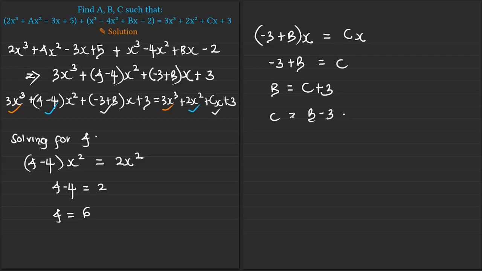Hence, if b is 1, then c is simply 4. Do you get it? So they can be any value at all and then they would work. So we can conclude by saying, therefore, a is 6 and c is equal to b minus 3, where b can be any value. That is just it.